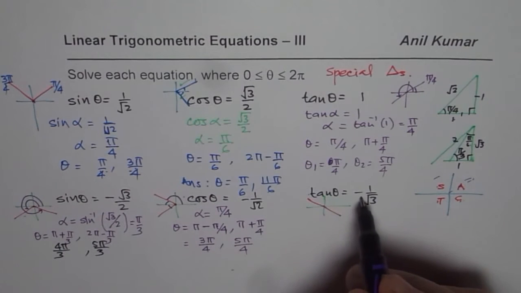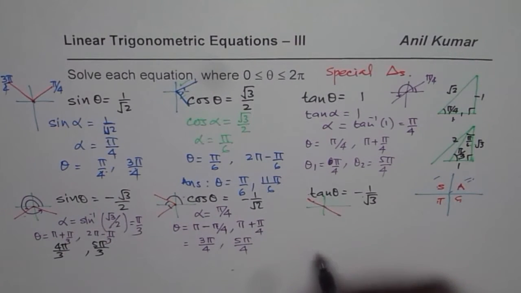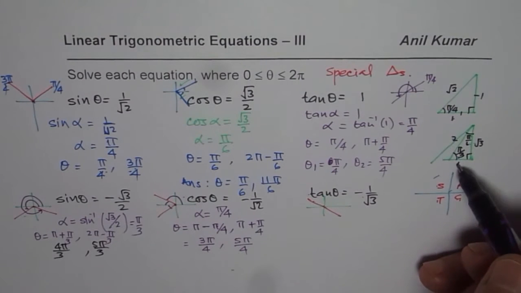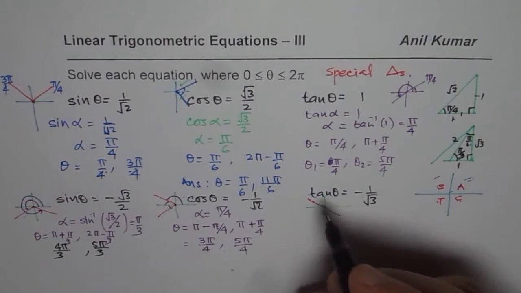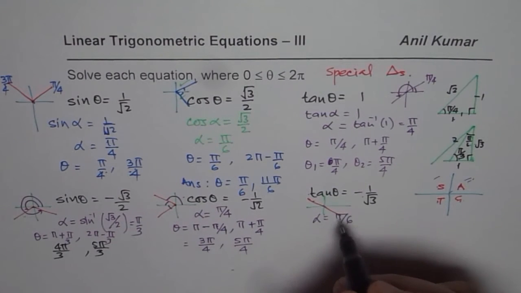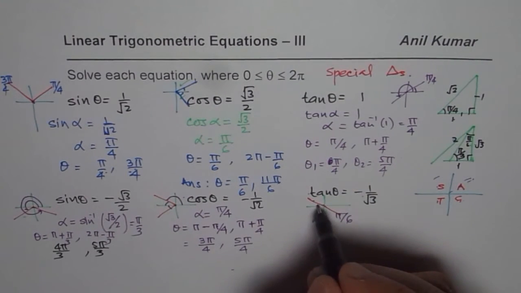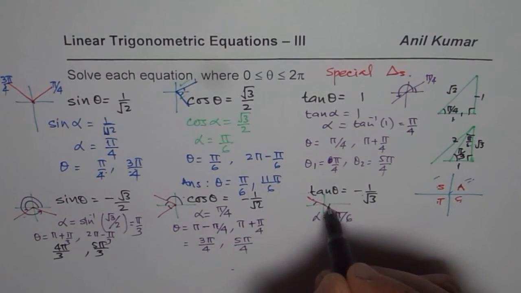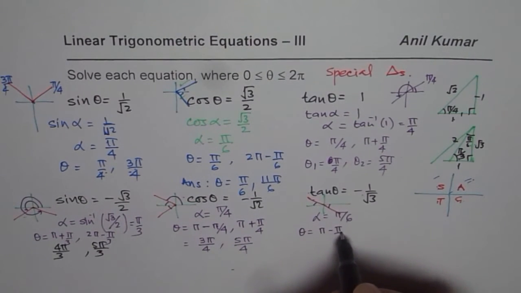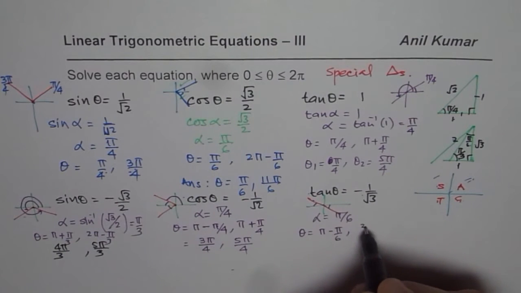For tan theta to be negative, we are looking for quadrant 2 and quadrant 4. 1 over square root 3 means pi by 6. So alpha is equal to pi by 6. You get the idea, right? Now, here, this is pi by 6. That is pi by 6. So theta is pi minus pi by 6 or 2 pi minus pi by 6.